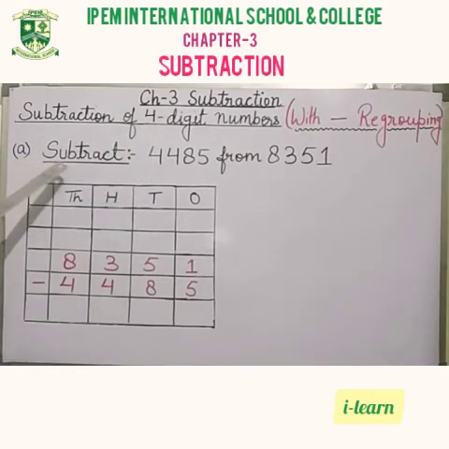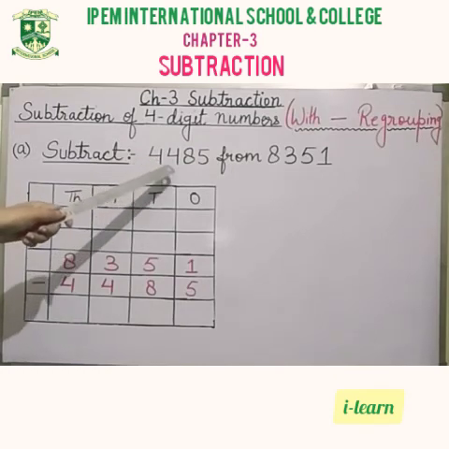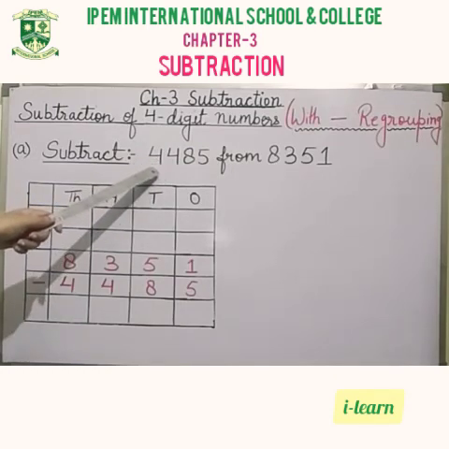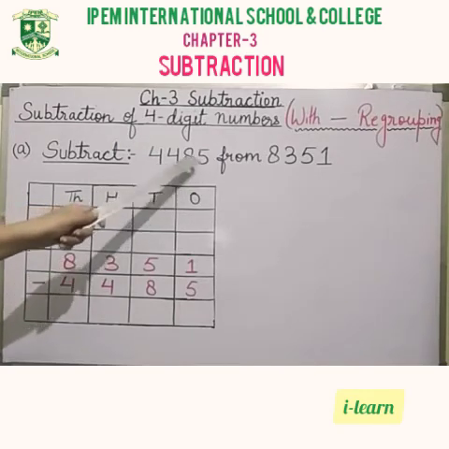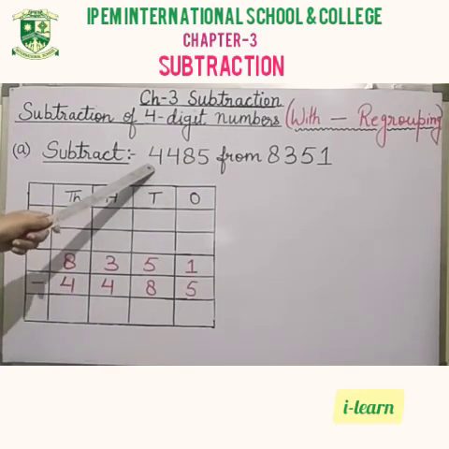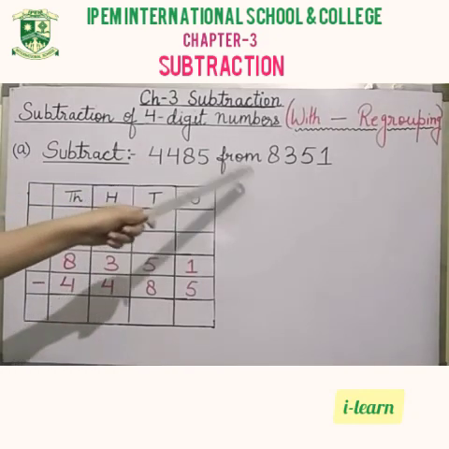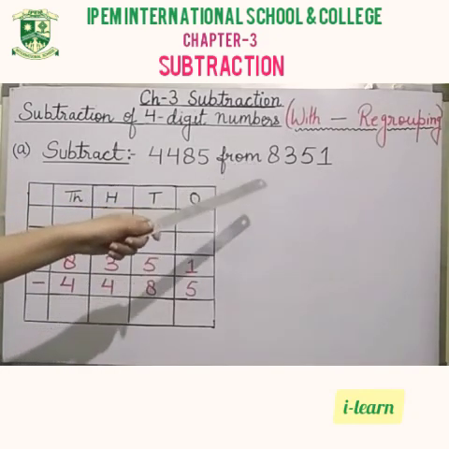Children, our next topic is subtraction of 4-digit numbers with regrouping. Here we have to subtract 4,485, as this is a 4-digit number. So its place value will start from thousands place. This is ones place, this is tens place, this is hundreds place and this is thousands place. And we have to subtract this number from 8,351.